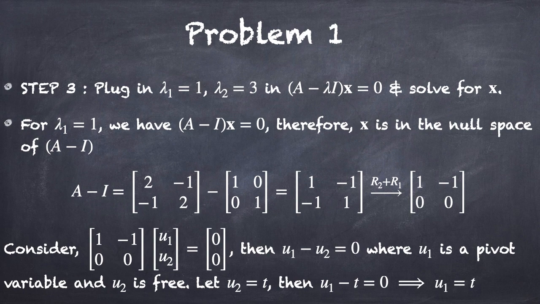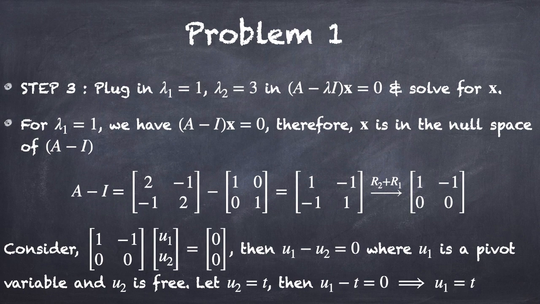All we have to do is first simplify the matrix into a reduced echelon form. We see that the first pivot is 1. Now we get rid of the entry below it, the -1, which is the second entry in the first column. So we do the operation R2 plus R1, which eliminates the entry below the first pivot.